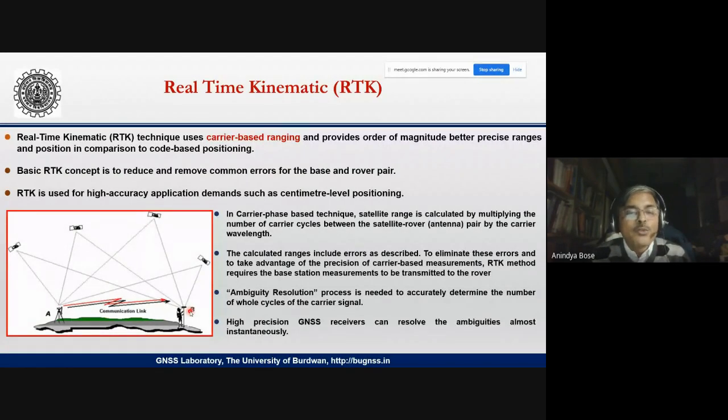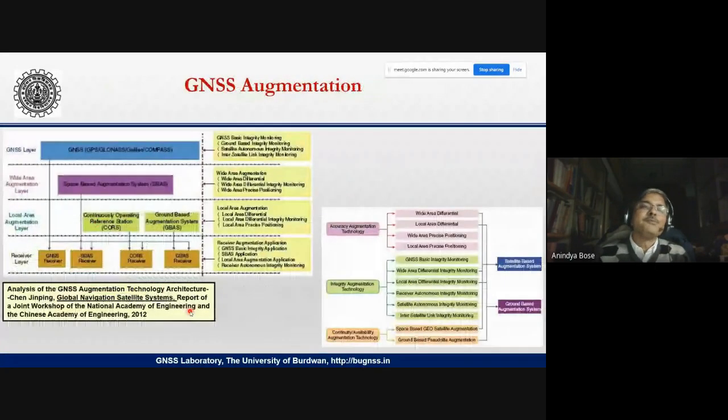People are going towards RTK, and because low cost devices can give very good quality solutions, people are going towards RTK more and more. That's why we want to show you how to do RTK, and we will give you the software, because the software we use is open source, from where you can download it and from where you can purchase the modules and do your own RTK. That we will try to train you.